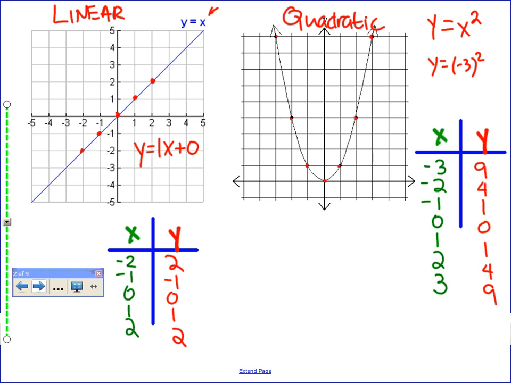So interestingly enough, when I had a linear equation, my slope was the same between any 2 points. Because if my function is a line, then what's not changing is the slope. So as I increase my x here, my change in y remains constant.